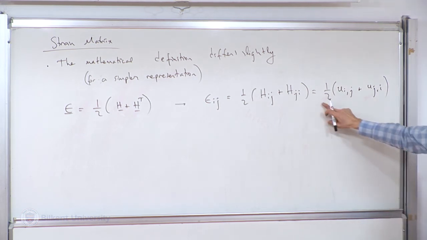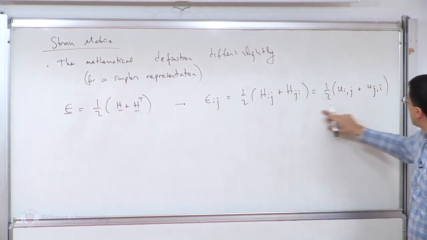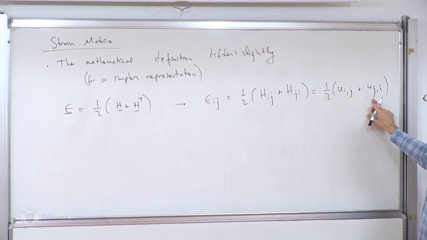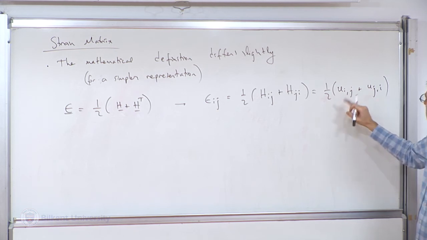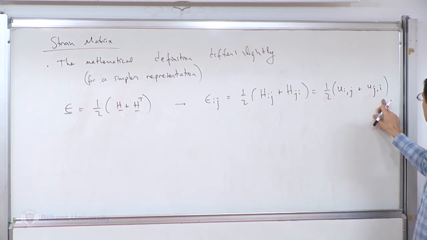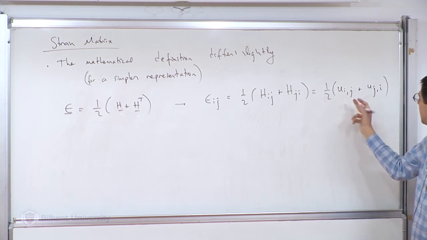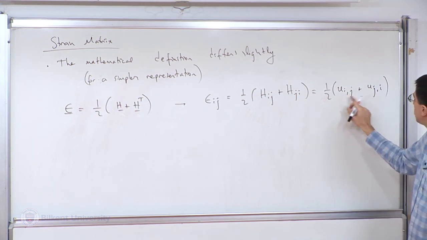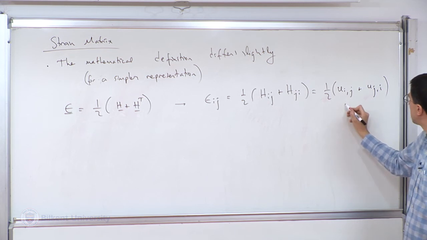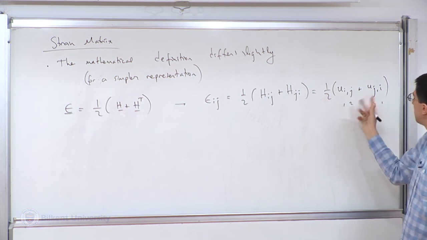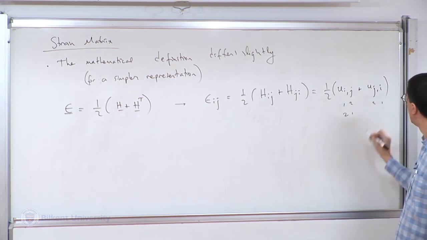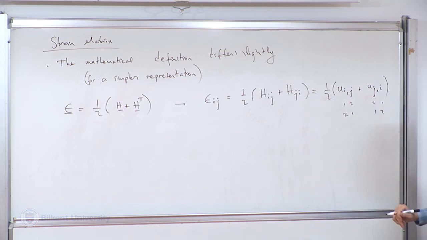You can have a look at that expression, epsilon ij, right? Ij, ji. So if this is, let's say, 1, 2, 2, 1. If you switch the values of i and j, instead of 1, 2, you assign 2, 1, you still have, let's say, 1, 2, 2, 1, right? Suppose I had switched the indices. I put 2, 1. In this case, here I will have 1, 2, right?